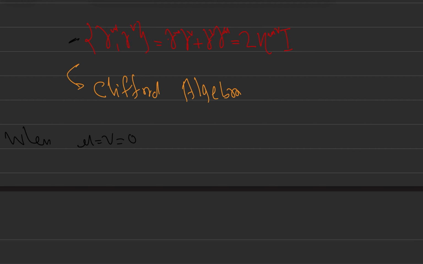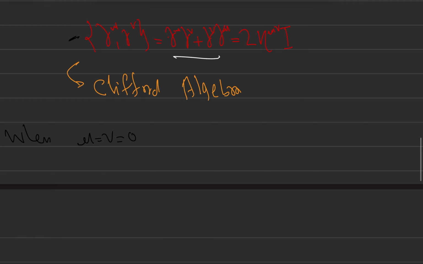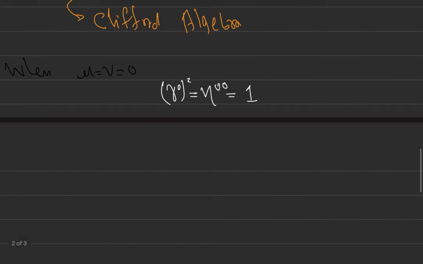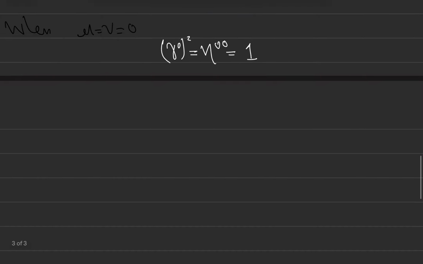So you can see that this is basically 2 times gamma naught squared, but the 2 on both sides cancel, and here you have eta 0, which in the convention that we use is +1. So in short, what you get is gamma naught squared is equal to eta 00 is equal to 1. This is your 0th component, or time component if you want.